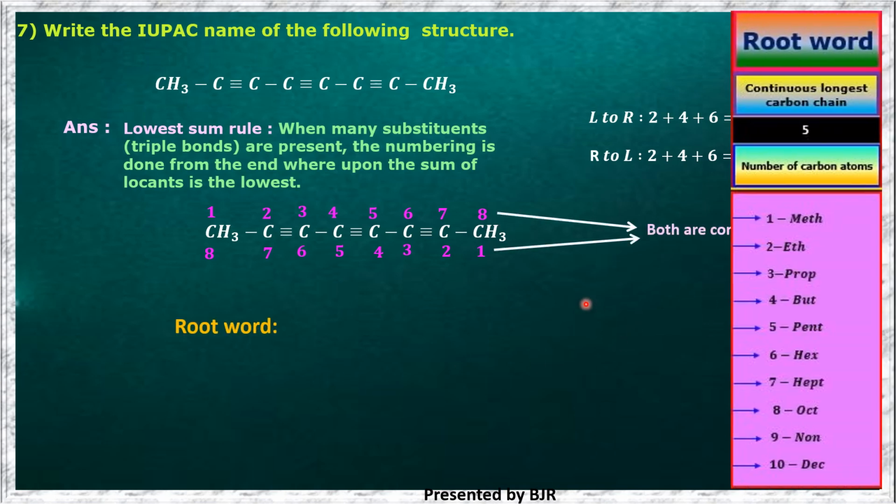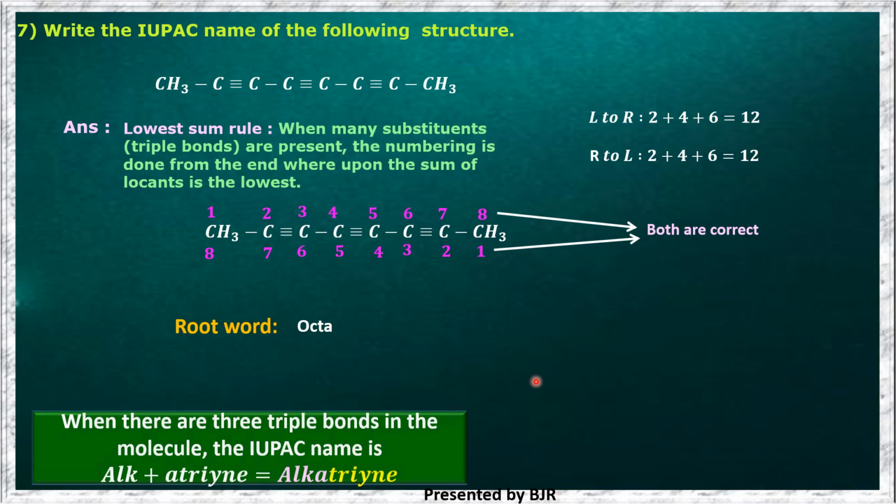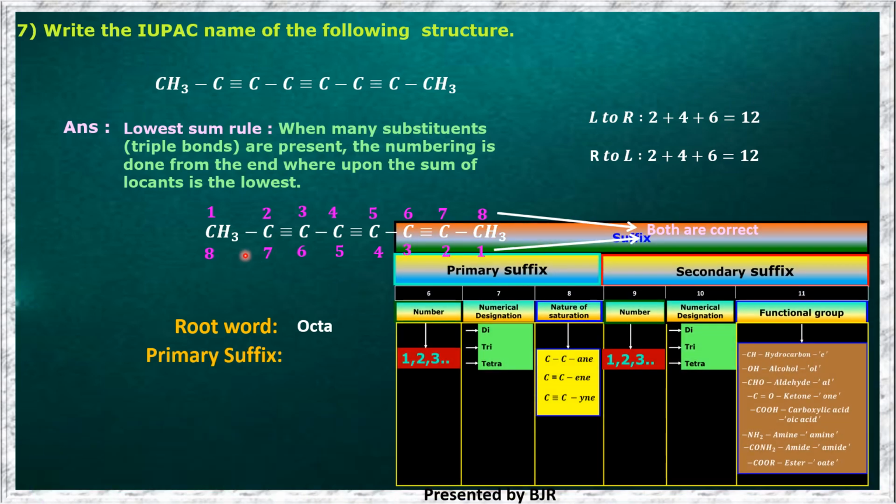So the root word: when there are 3 triple bonds in the molecule, the IUPAC name is alk plus ethyne, alkyne. So here we should not use oct simply. Instead we have to add a to this: octa. Next, the primary suffix is yn, because triple bonds are there.